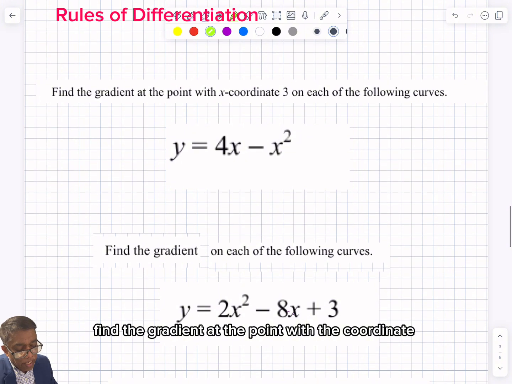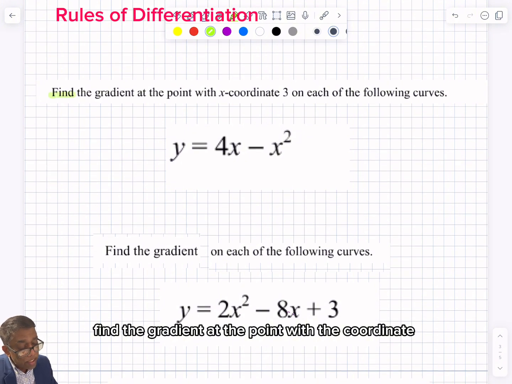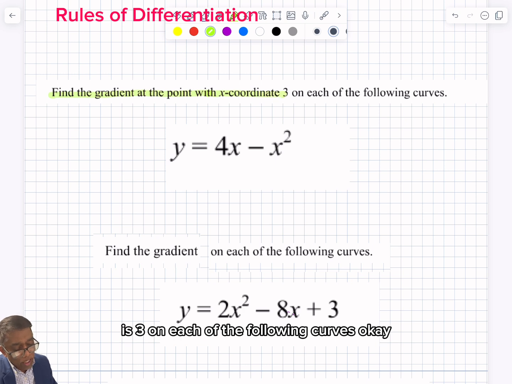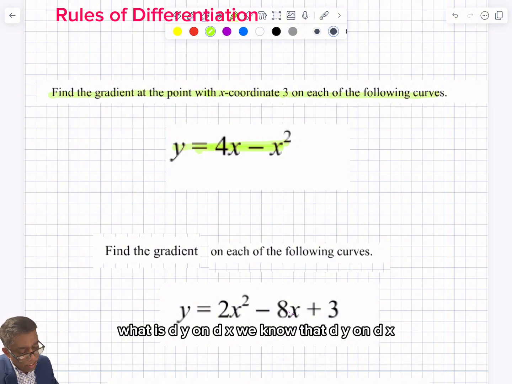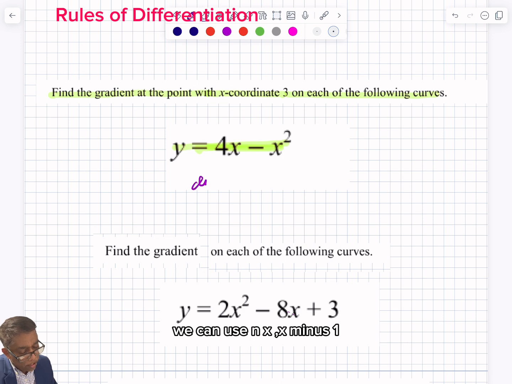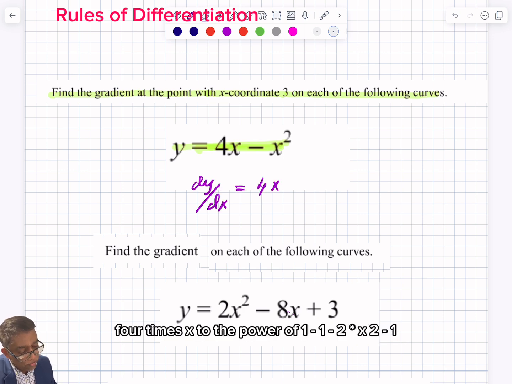Find the gradient at the point with x-coordinate 3 on each of the following curves. Okay, this is the curve y equals 4x minus x squared. What is dy/dx? We can use the rule: 4 times x to the power of 1 minus 1, minus 2 times x to the power of 2 minus 1.